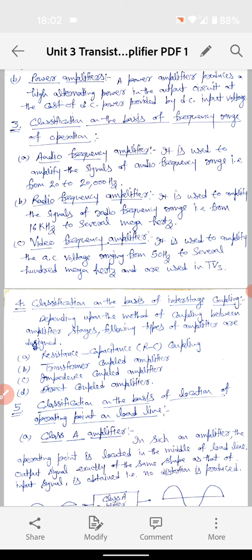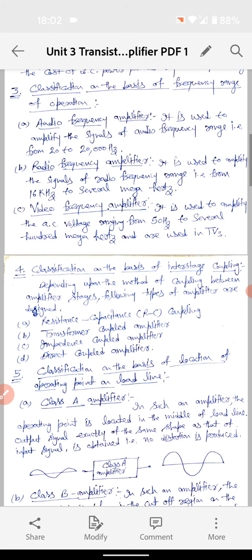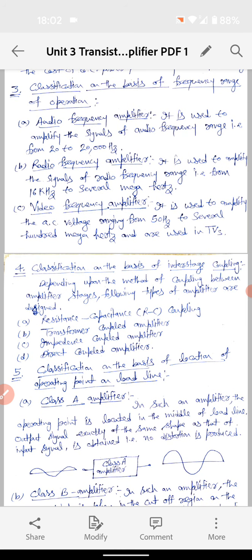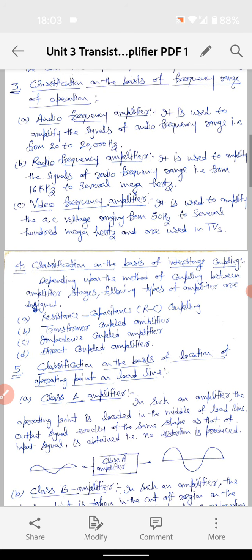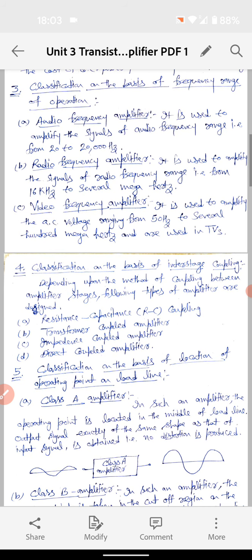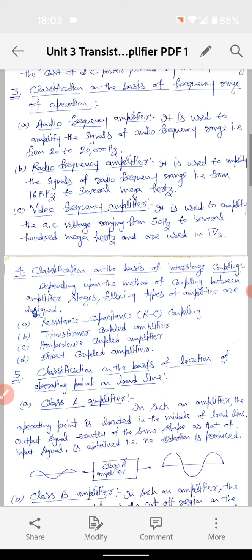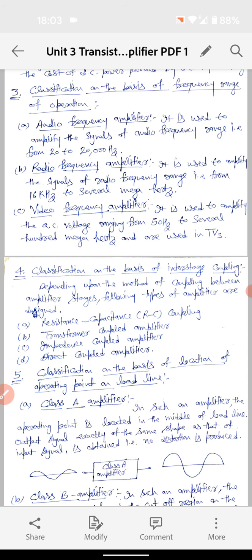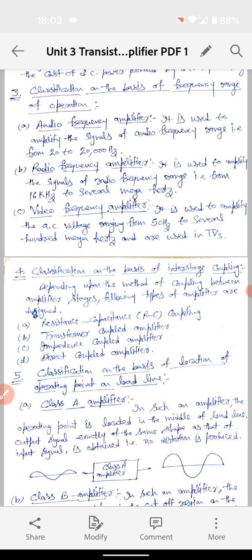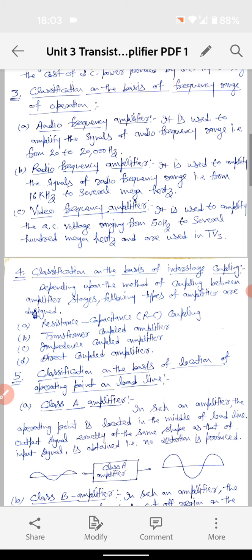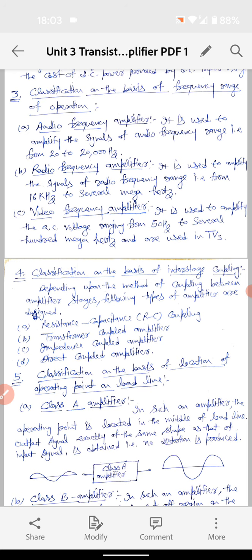Then we come to another classification, which is based on interstage coupling. In general, that we will discuss in a coming lecture. In general we do not use a single stage amplifier, because in the case of a single stage amplifier the gain is much less.